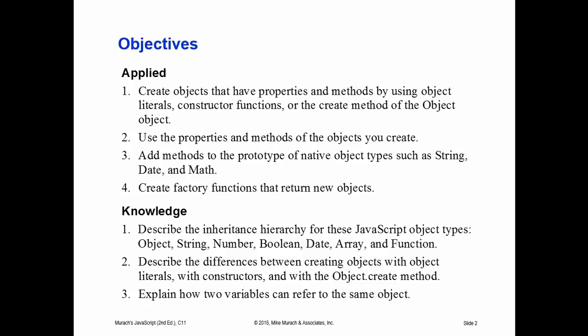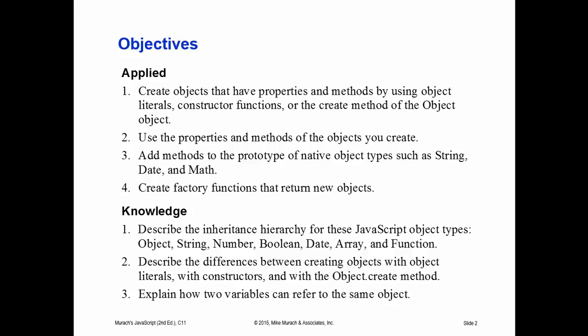So our objectives: create objects that have properties and methods by using object literals, constructor functions, or the create method of the object. Use the properties and methods of objects that we ourselves create. Add methods to the prototype of native object types such as strings, dates, and math.